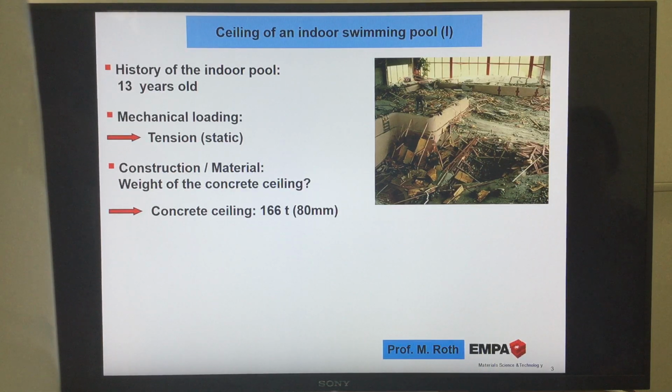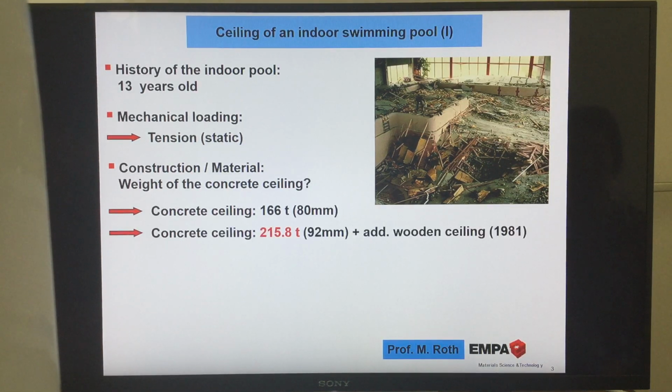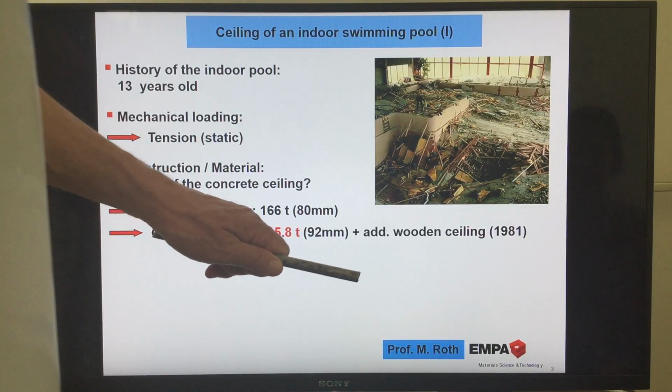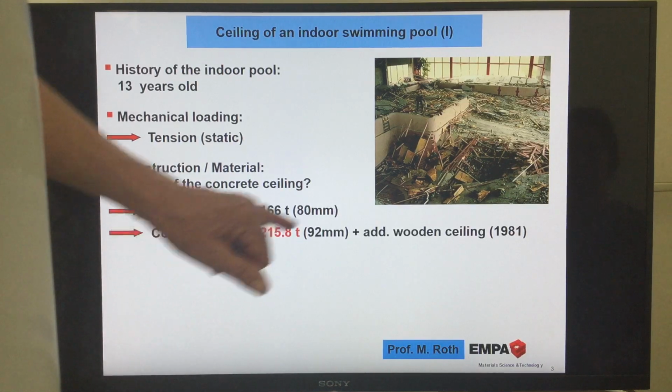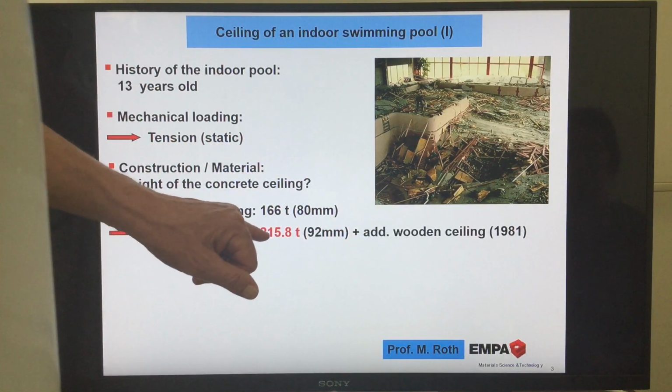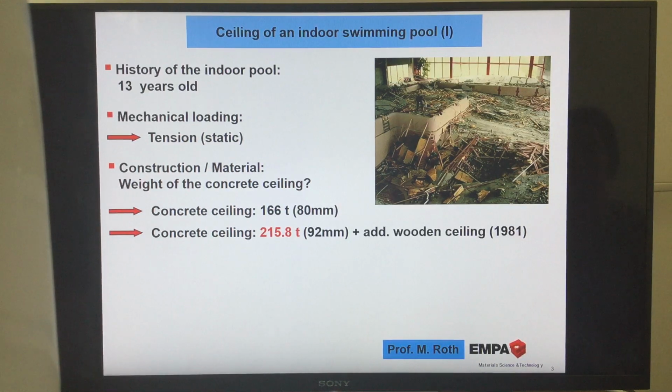And now the number of steel hangers: later on, people were thinking, oh, the concrete doesn't look so nice, we add additionally a wooden ceiling underneath, and then the thickness was getting higher to 92 millimeters, and additionally the weight of the wooden ceiling and the design made it to 215 tons.